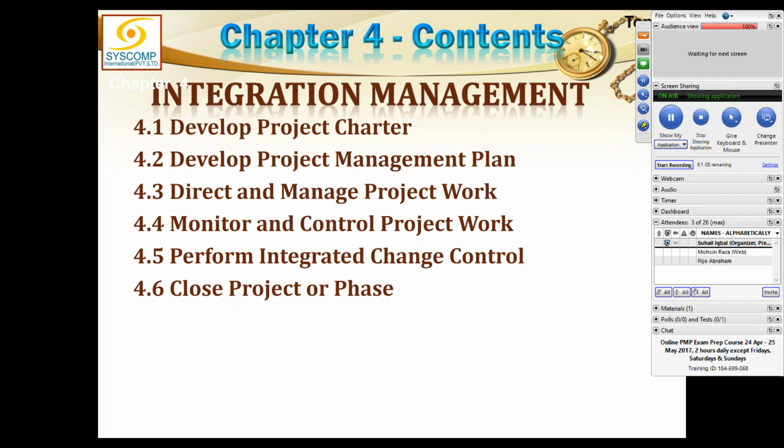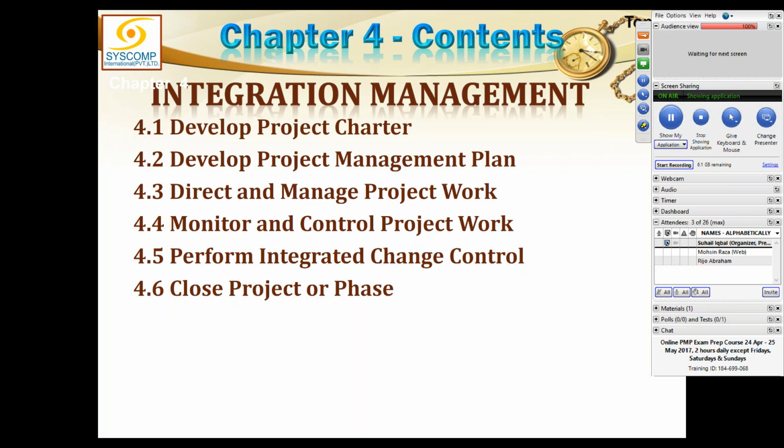So when we are talking about develop project charter in initiation, these two things, enterprise environmental factor and organizational process assets, were the inputs there as well. Now in develop project management plan also we have these two things as standard input. And you understand now that there are 23 other processes subservient to this process, develop project management plan.